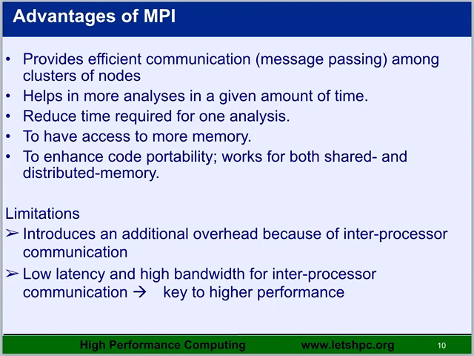One of the major advantages is that you have access to more memory, since the combined memory from different systems can lead to a huge memory. It also enhances code portability; it's very portable. The MPI model works on both shared as well as distributed memory systems.